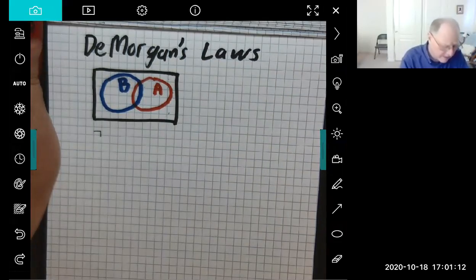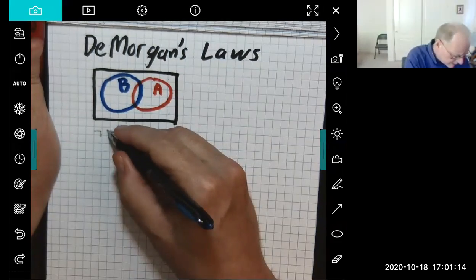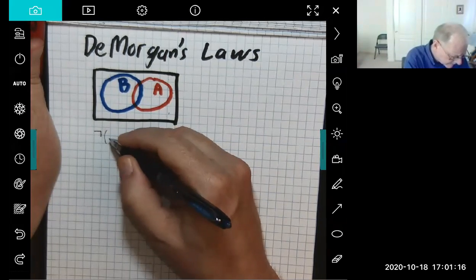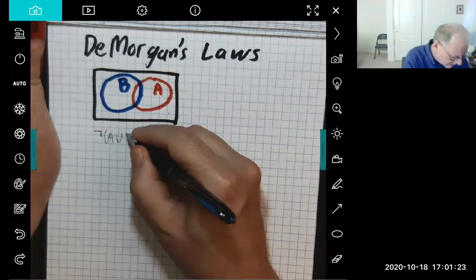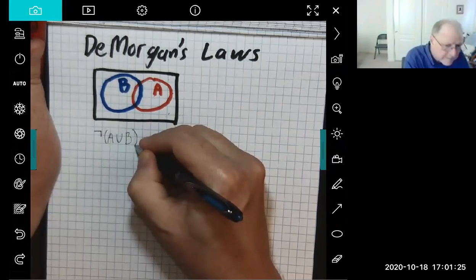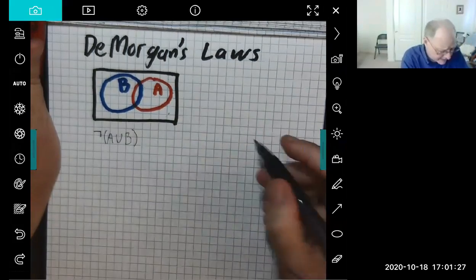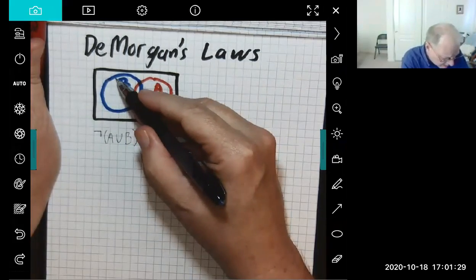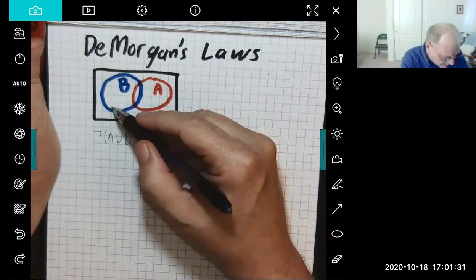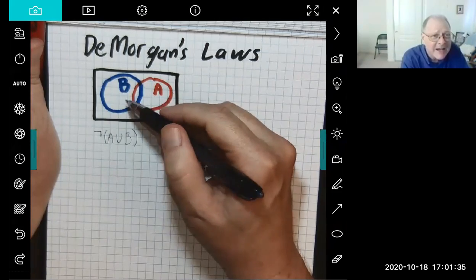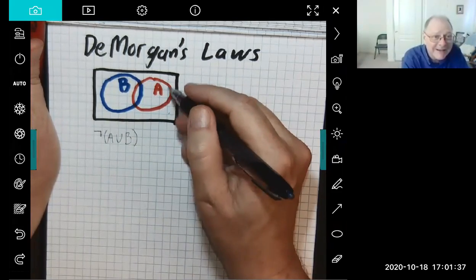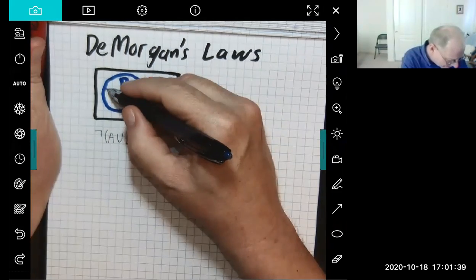Now let's do the complement of A union B. So where is that? The union, A union B, is the entire inside of the MasterCard symbol, right? It's everything.